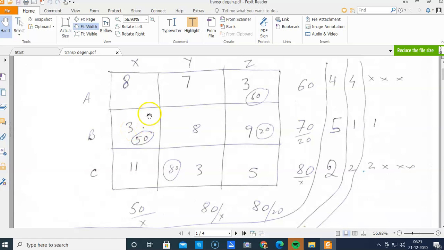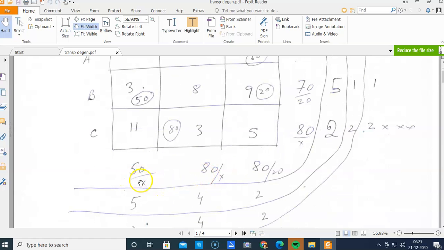So we will do the allocation in this cell. Corresponding to this cell, 70 is available and 50 is required. The minimum of 70 and 50 is allocated here, and thus 20 is left. I have crossed out the column, as nothing is required now.